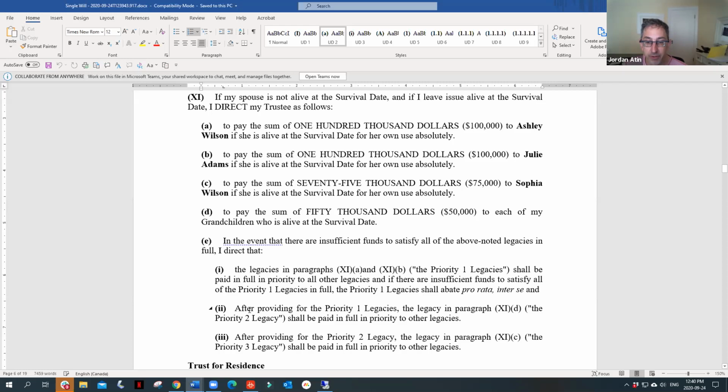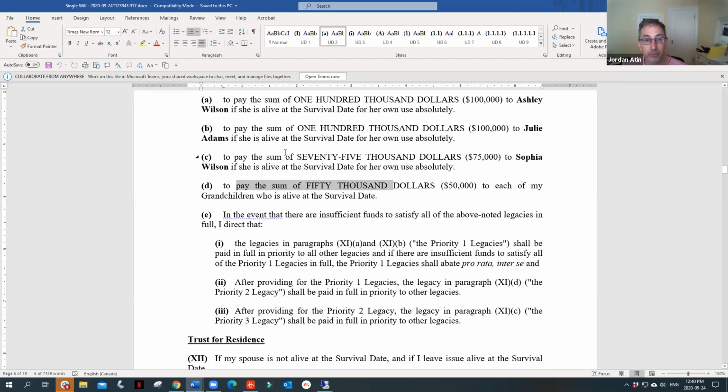Now, after providing for the priority one legacies, the legacy in paragraph D, that's these ones for children and grandchildren, gets paid in priority to any other legacies. And then after providing for the priority two legacies, we've got the priority three legacy, which is Sophia's.